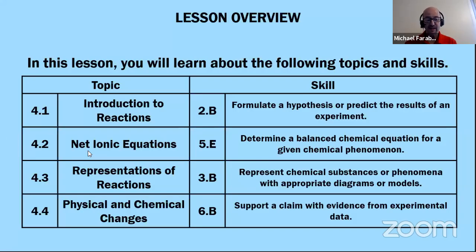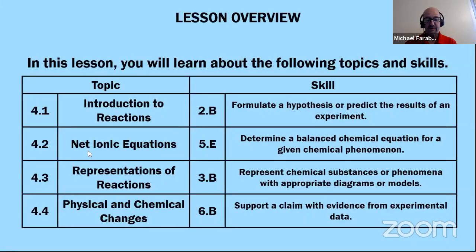In this particular lesson, I will talk about topics 4.1 through 4.4, and that includes physical and chemical changes, reactions, net ionic equations, and representations, particle diagrams to represent reactions.